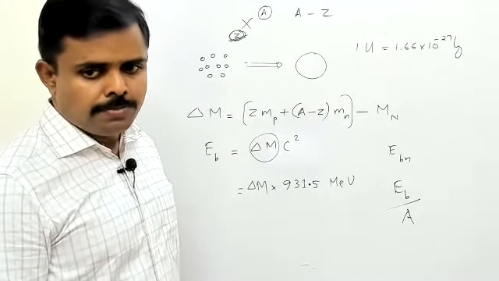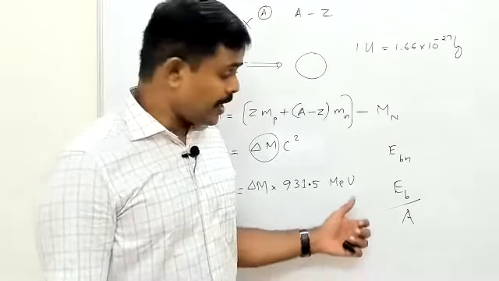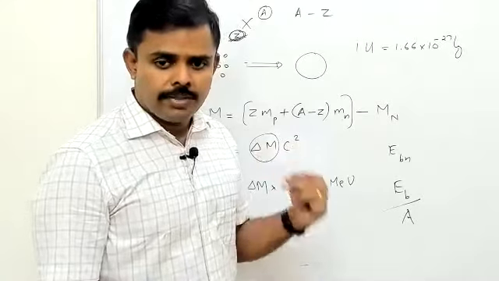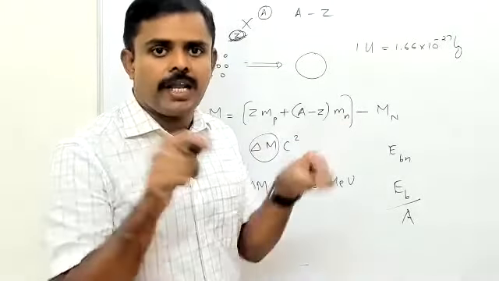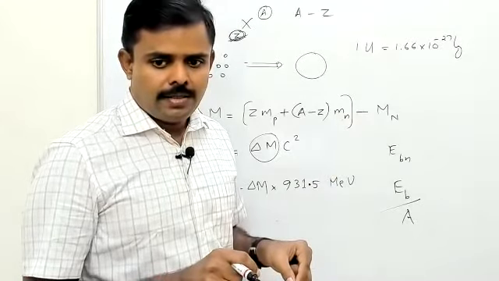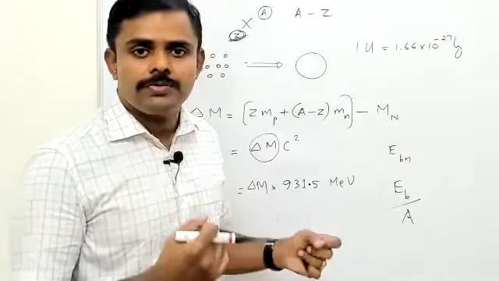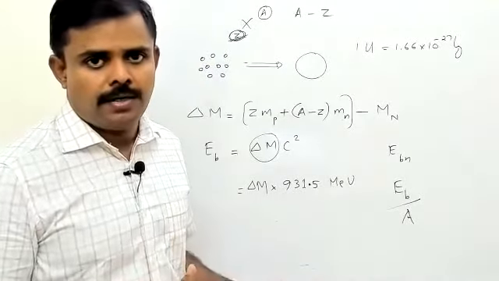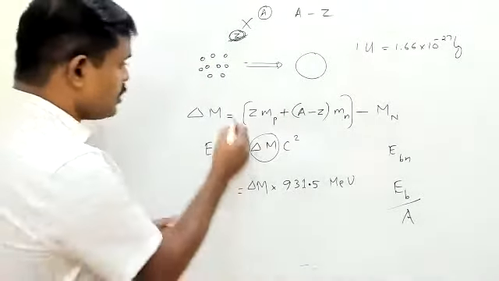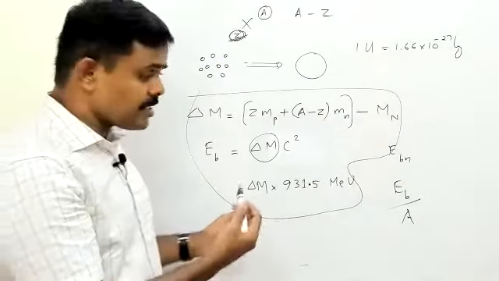In one of the previous board questions, they were asking to identify the one which is more stable. You'll be given 2 elements, like lead and lithium or whatever, and you'll be asked to find out which one is more stable. How do you do that? You do this for the first element, and do the same thing for the second element.